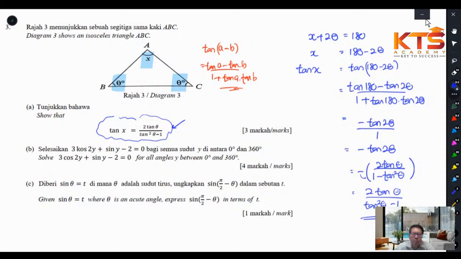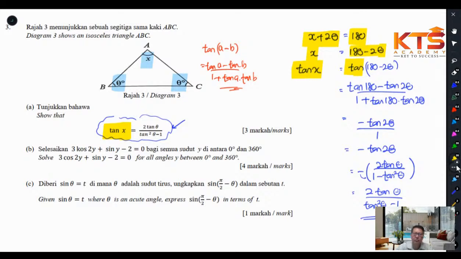Please have a look. What is important? Can you get this one? The total is 180. Usually we can. So make x the subject. All right, so I want to get tangent x. Tangent left must equal tangent right.